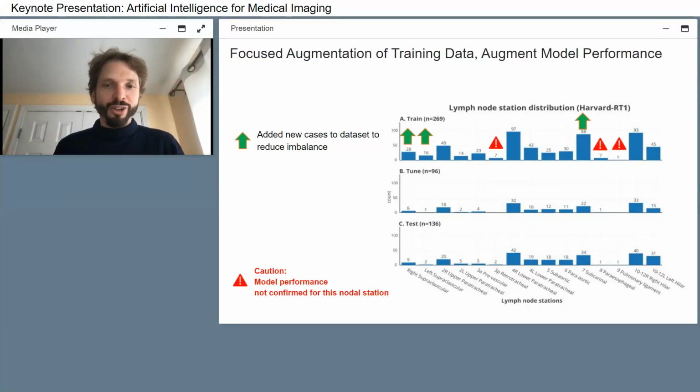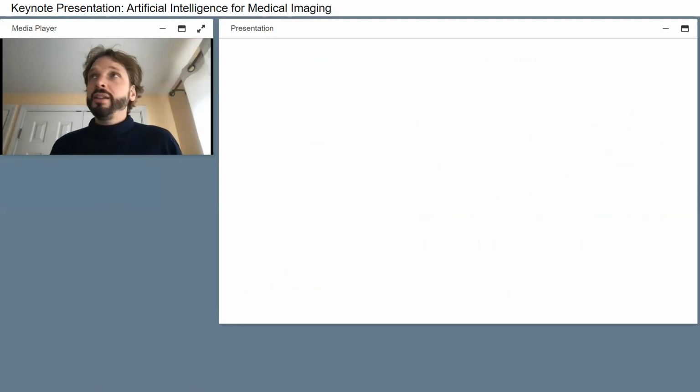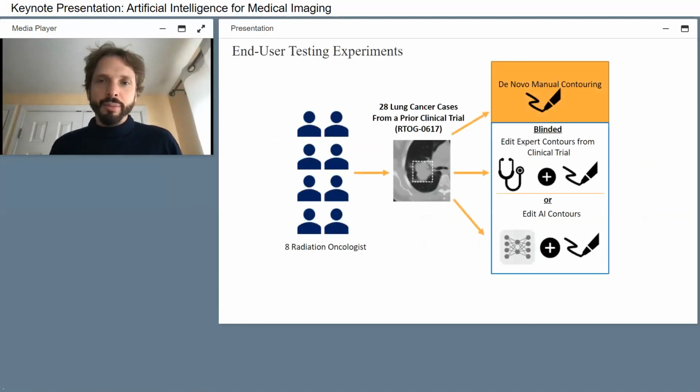Another caution and warning label is that if there's a lymph node affected at a certain location, then be very careful using this algorithm because you cannot trust this output, since there was simply not enough training data available and the performance is lower. These kinds of investigations, which are very time consuming, I think are very important to really move these algorithms into clinical practice. Next, we did an investigation about end users.